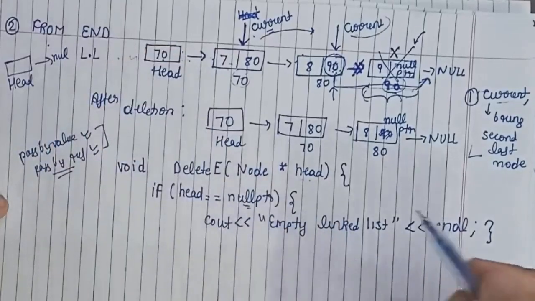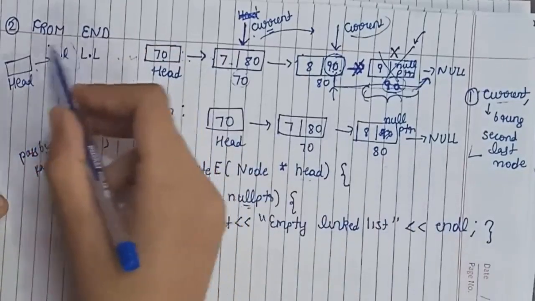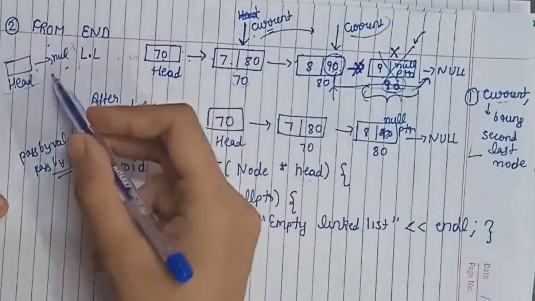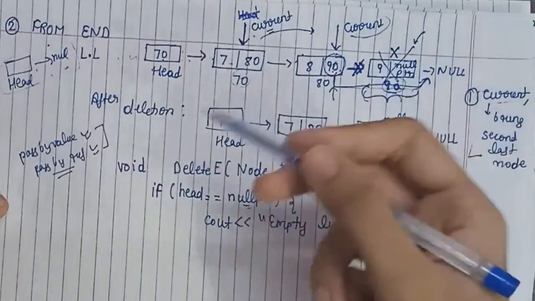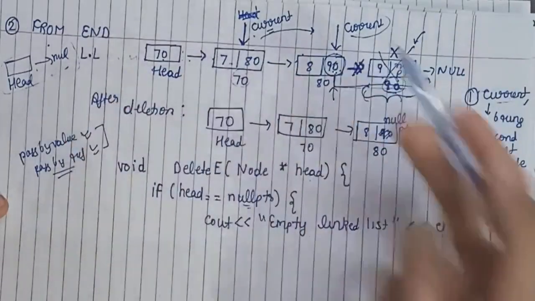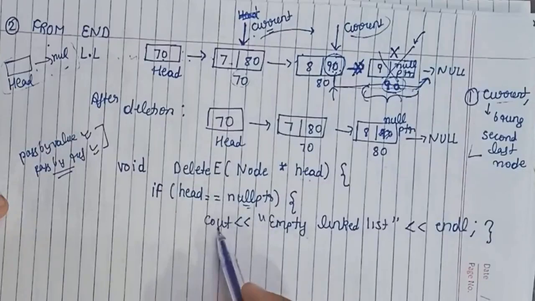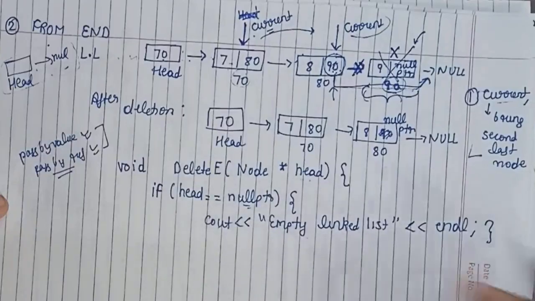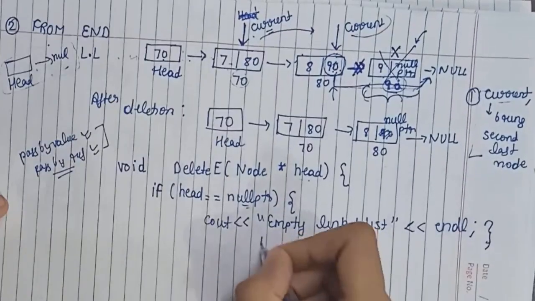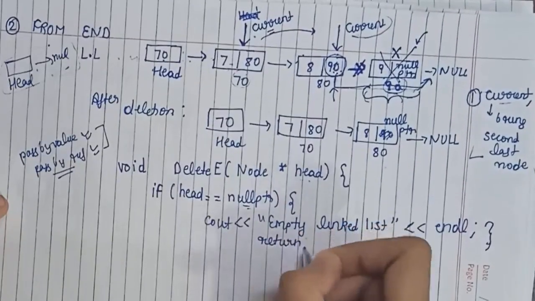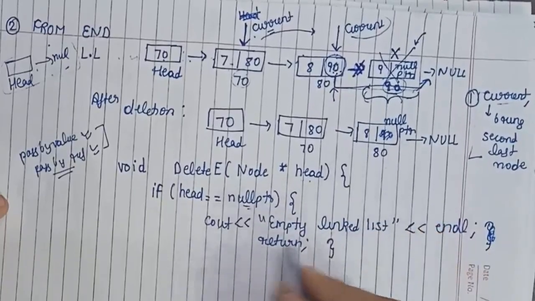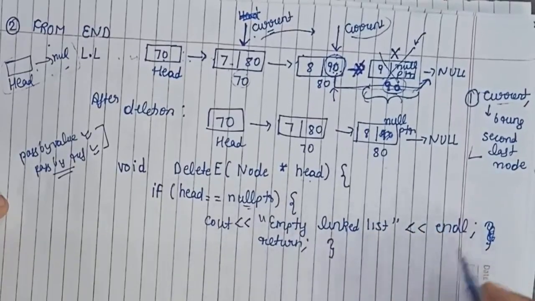Then it means that this is an empty linked list. There is no element in this linked list, so you can't delete any element. You can't delete the last node because there is no node. So I have written here, you will print to your user that this is an empty linked list, and we will return from here.